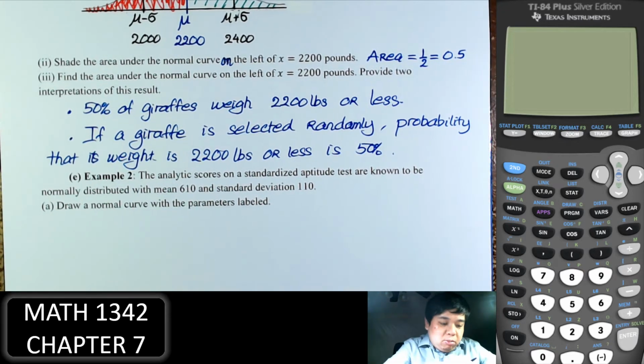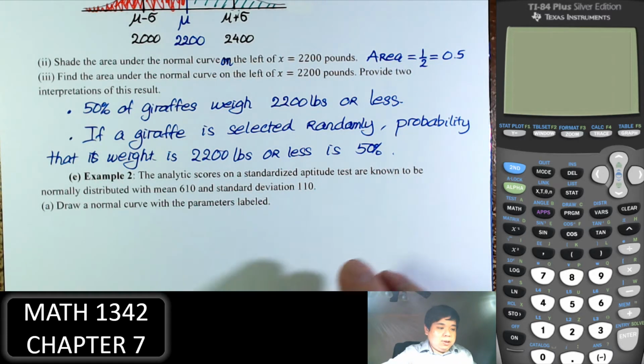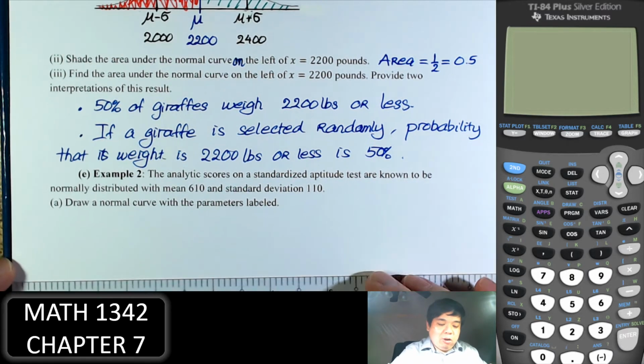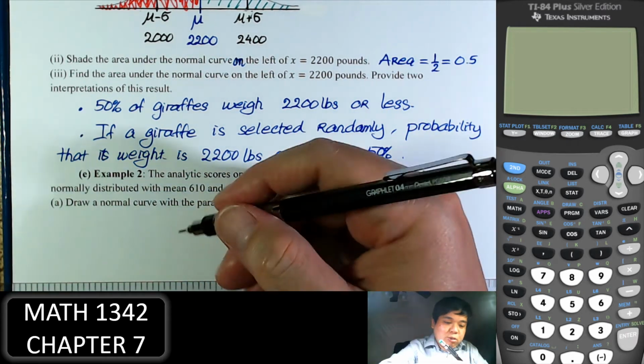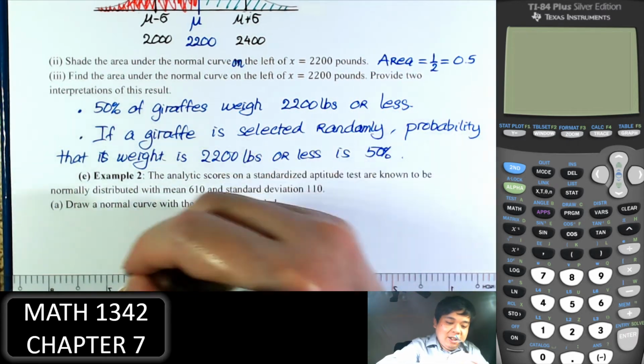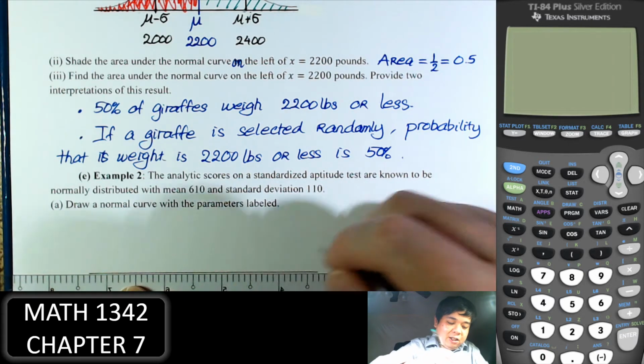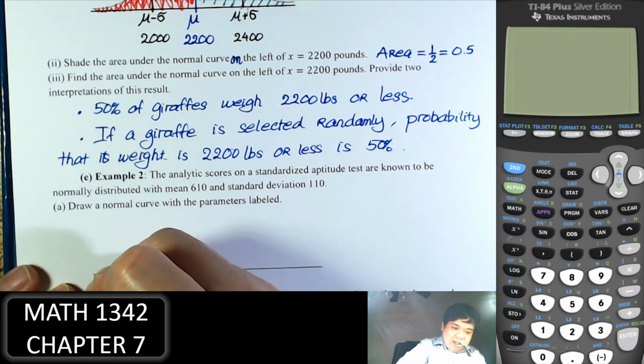The analytic scores on a standardized aptitude test are known to be normally distributed with a mean of 610 and a standard deviation of 110. Draw a normal curve with the parameters labeled. So try to draw the curve again. Just going to use pencil here. Try to make it symmetric.